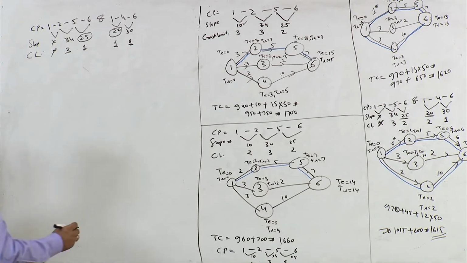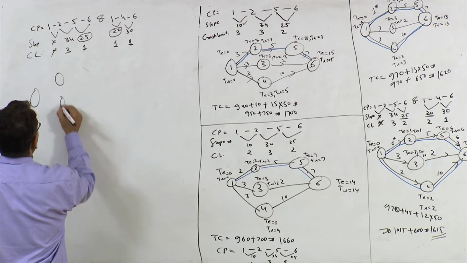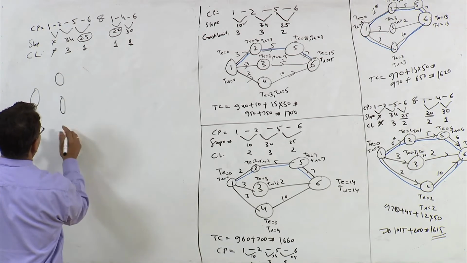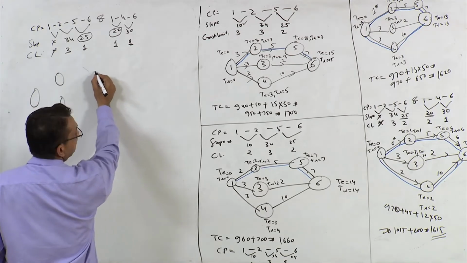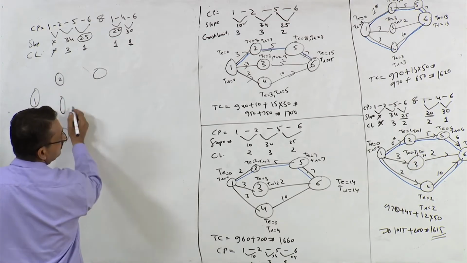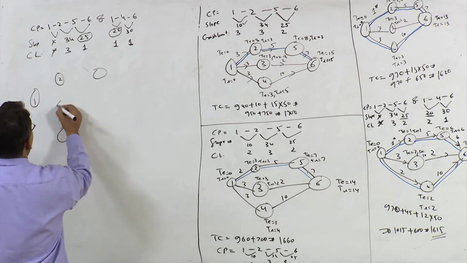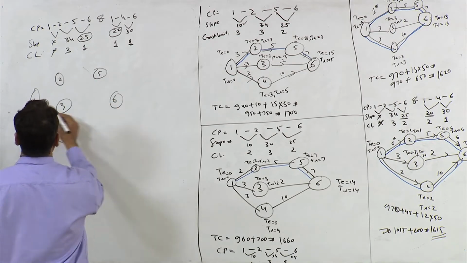So let us draw that network, right. This is 1, 2, this is 3, 4, 5, 6.